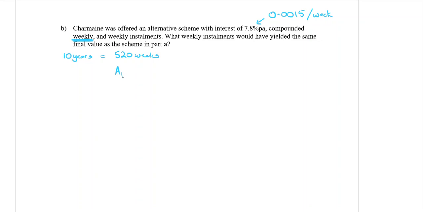In the first week, Charmaine will invest M, whatever M happens to be, that's what we've got to find out. They will get 1.0015 for their interest, and then that will be for 520 weeks. The A2, we'll just be subtracting 1 off that power to be 519.